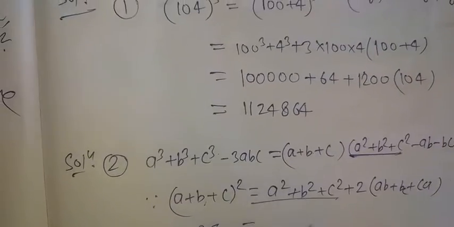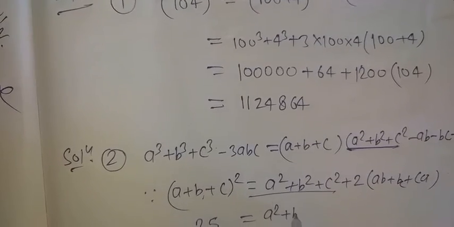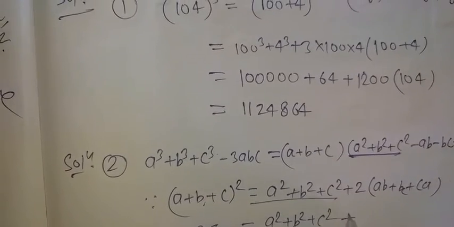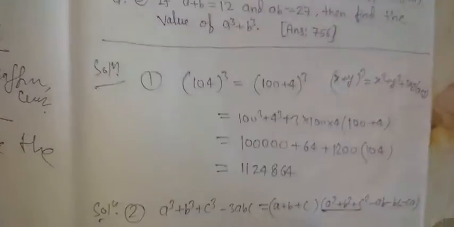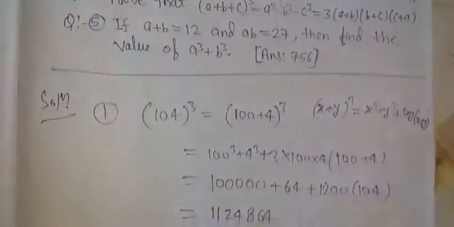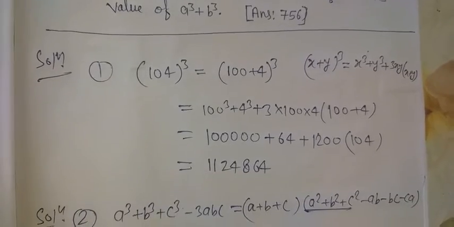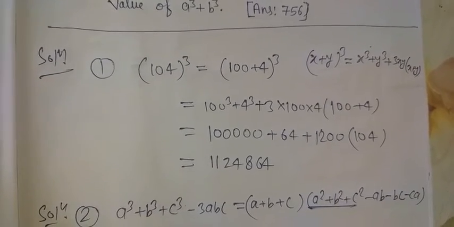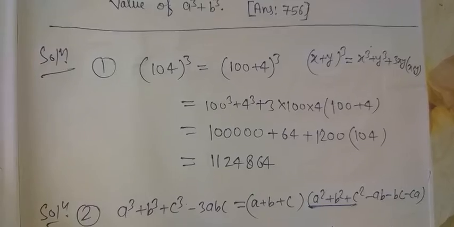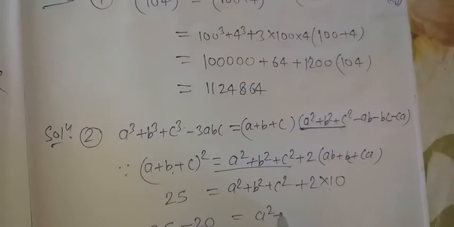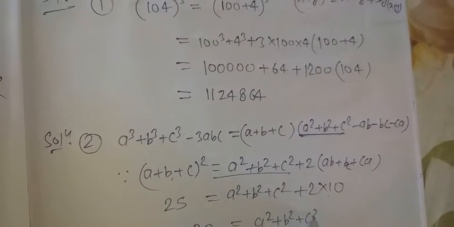Square of 5 is what? 25. This equals a square plus b square plus c square plus 2 into the value of ab plus bc plus ca. The value given is 10, so into 10. So this becomes 25 minus 20 equals a square plus b square plus c square.